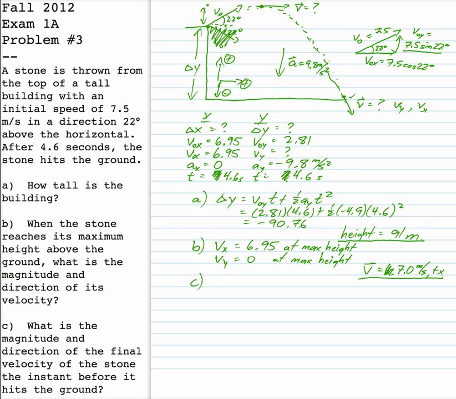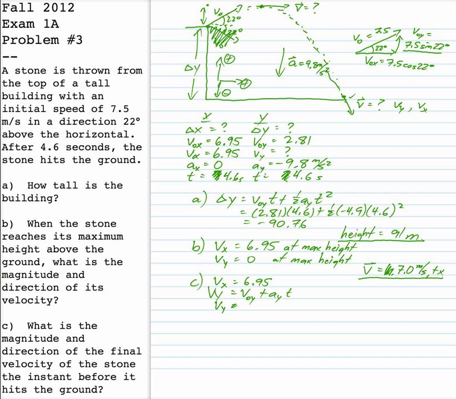All right, then part C asks for the magnitude and direction of the final velocity the instant before it hits the ground. And of course, the x component is still 6.95 just before it hits the ground. And to find the y component, I go back up to my y assumptions and use the equation that doesn't have delta y in it, and that is Vy is equal to V0y plus at.